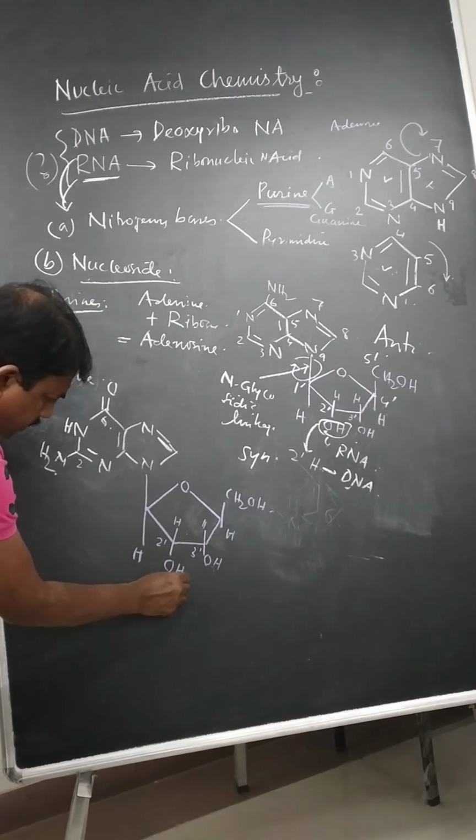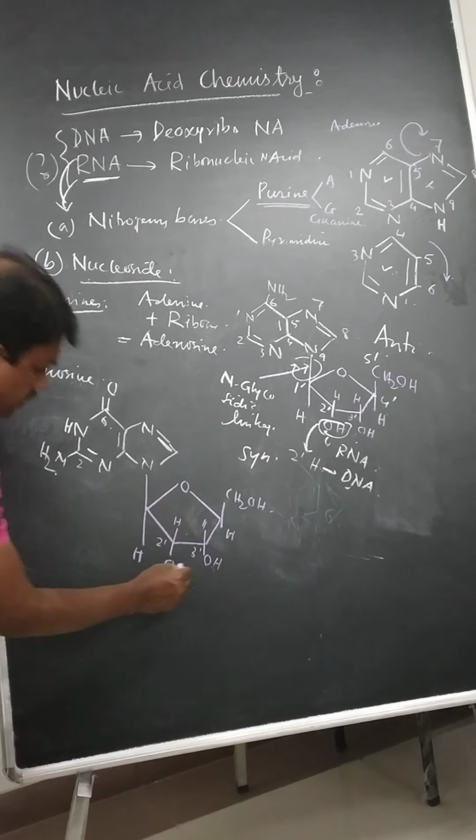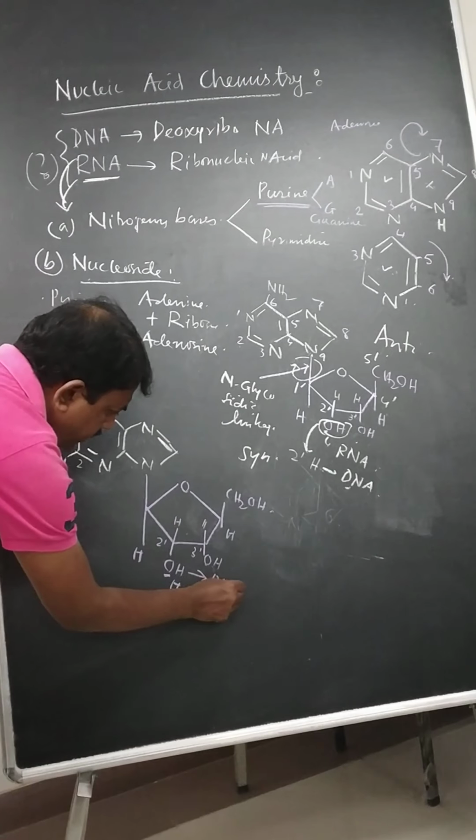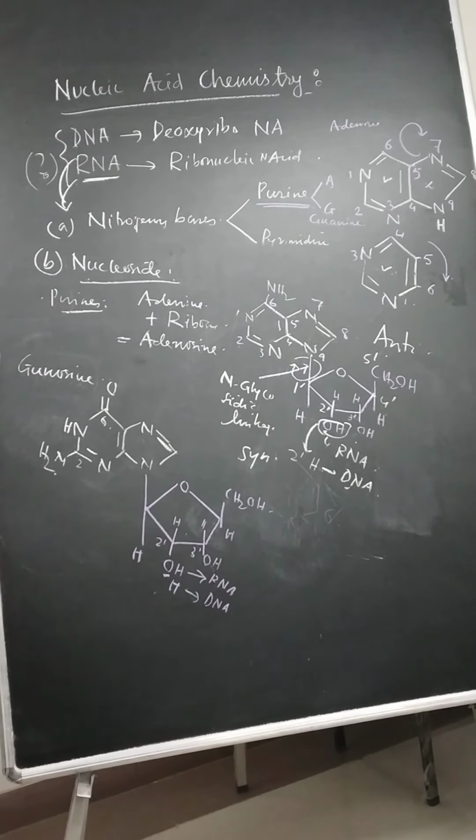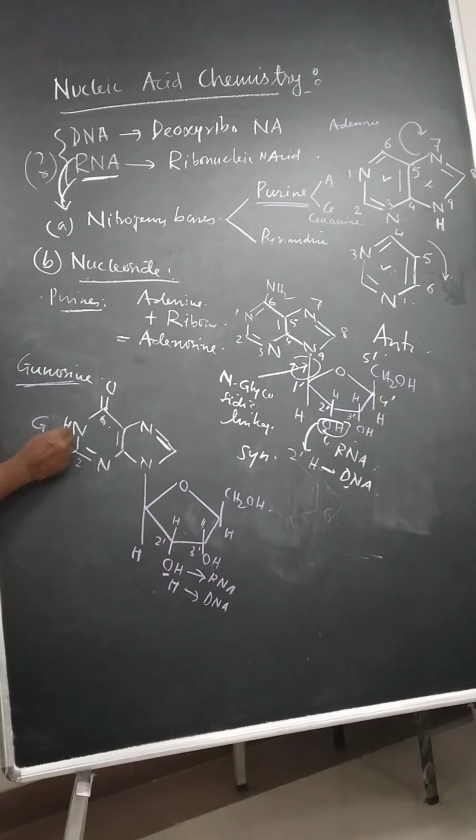In case of DNA, there will be only H. And this is known as guanosine. So guanosine means guanine plus ribose. And this is in anti-configuration. And if it rotates to this side, what will be the configuration? That will be the syn configuration.